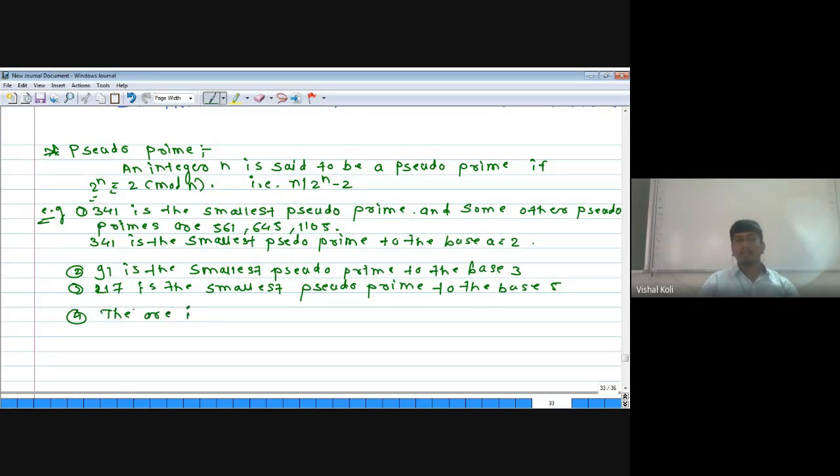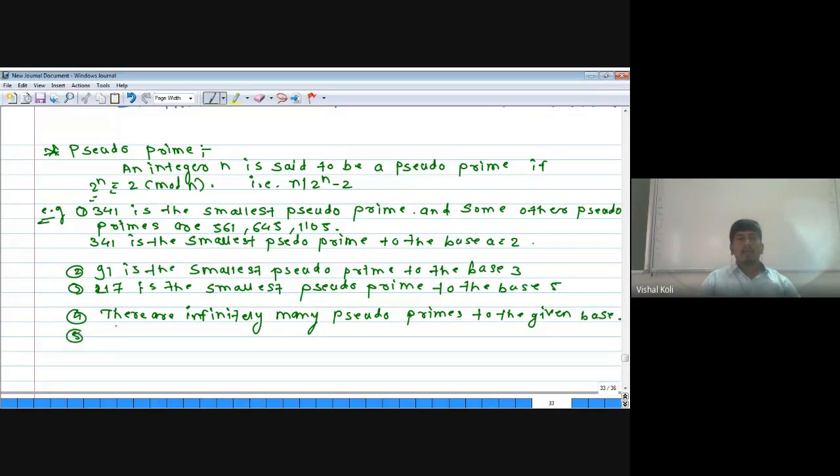There are infinitely many pseudo primes to the given base, whatever it will be, base 3, 2, 5 and so on.